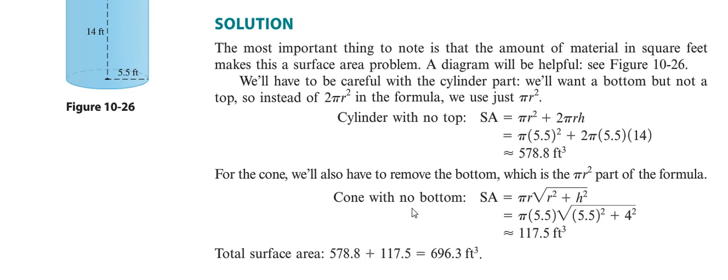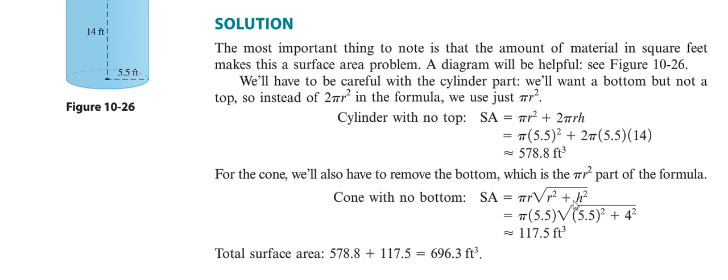And then we have to find the volume of the cone. I'm sorry, not the volume of the cone. I'm making that mistake myself. We have to find the surface area of the cone. So the surface area of the cone is equal to pi times r times the square root of r squared plus h squared. That's the formula that we have for the surface area of the cone.